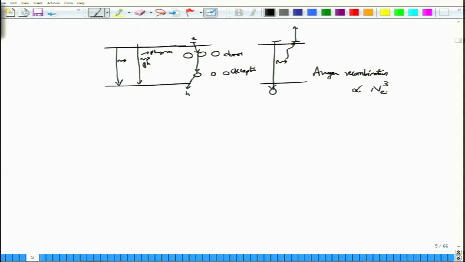So, it is proportional to Ne or Nh cube, and therefore, as the concentration increases, this Auger recombination increases, thereby reducing the number of electrons or holes that are available for the fundamental recombination, which contributes to the lasing. Okay. So, it is one good thing to push a lot of carriers into the conduction band and the holes into the valence band, but then when you do so, you are also increasing the chances of this Auger recombination, which is unwanted recombination for our purposes.